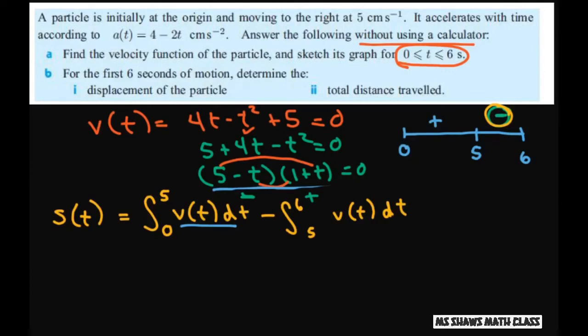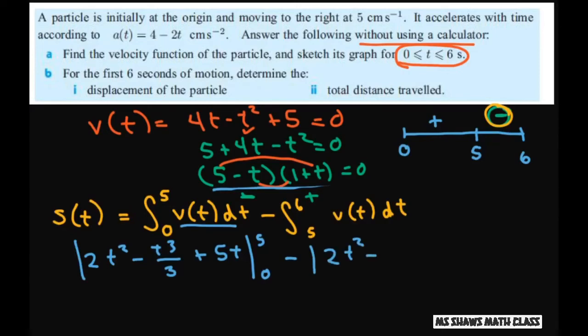So this part's just going to be 2t squared minus t cubed divided by 3 plus 5t, and we're going from 0 to 5 minus, let's do this again, 2t squared minus t cubed divided by 3 plus 5t, over the interval 5 to 6.